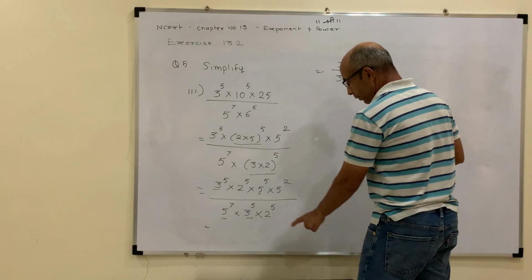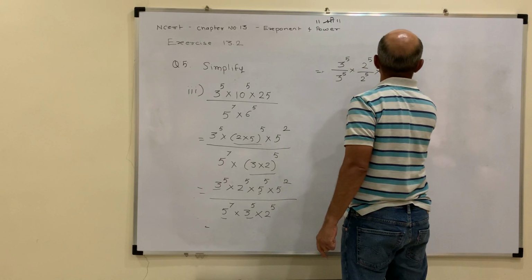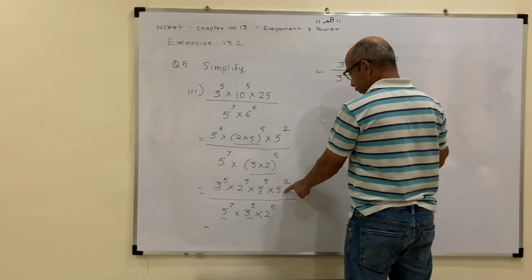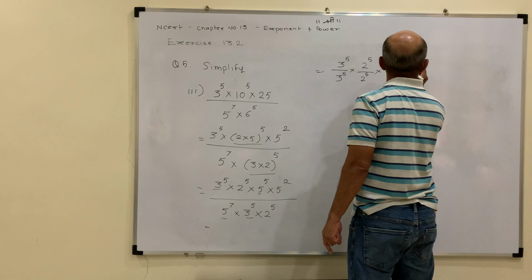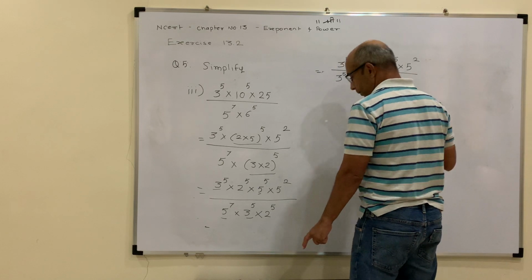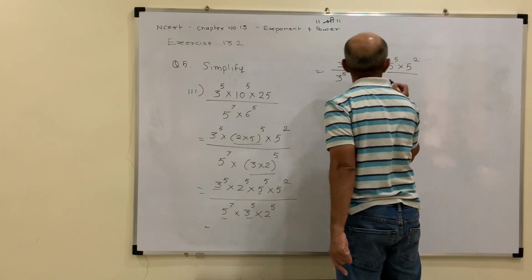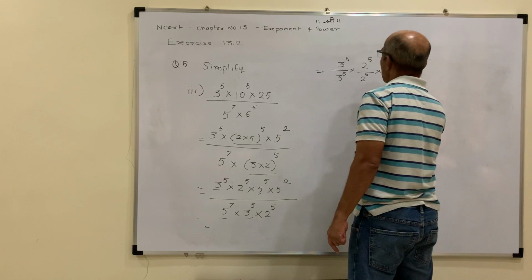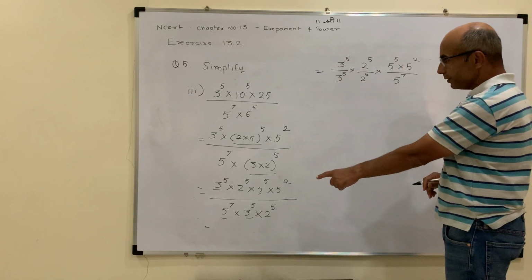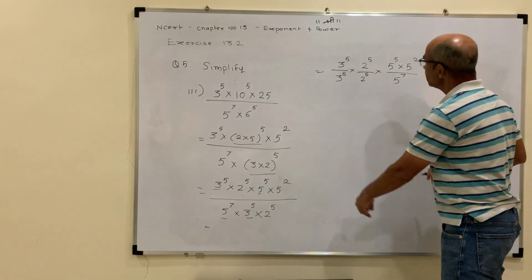And now 5 raised to 5 into 5 raised to 2 divided by 5 raised to 7. I did nothing new. I just rearranged where the base is same.